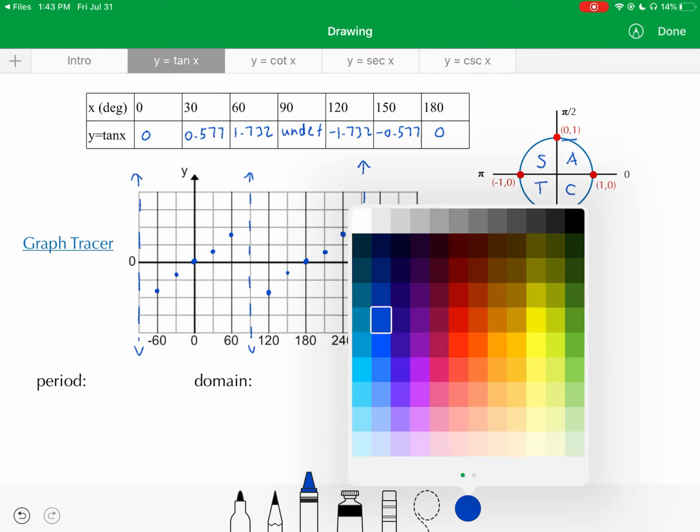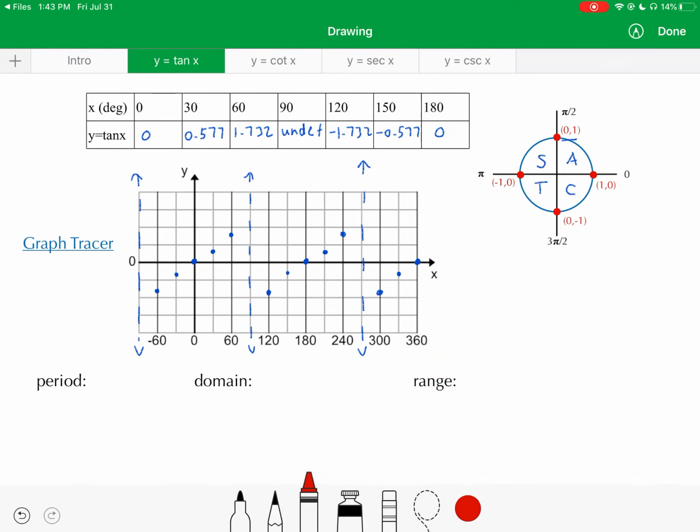So we have a lot of points helping us to define the curves here, and there are multiple curves that will take on this behavior. What I want you to notice is that each piece of the curve from asymptote to asymptote is always increasing as you move from left to right.